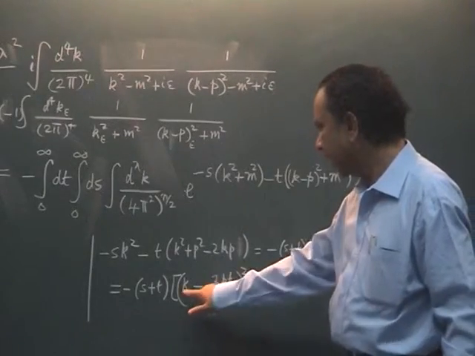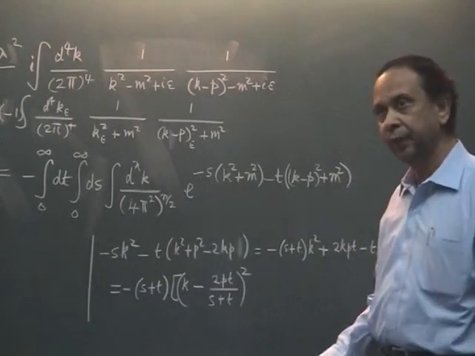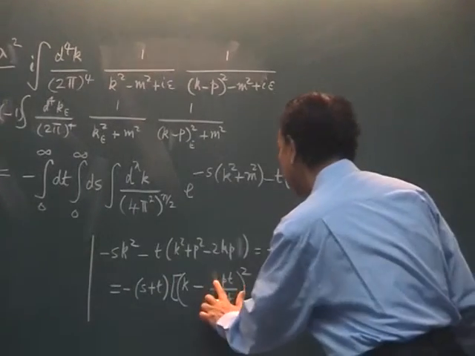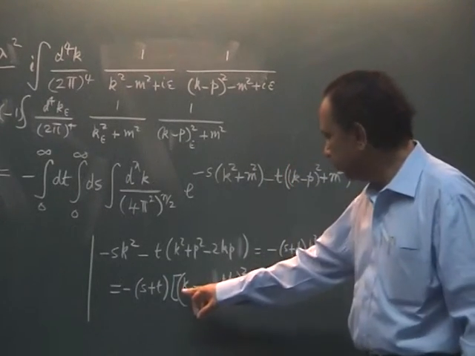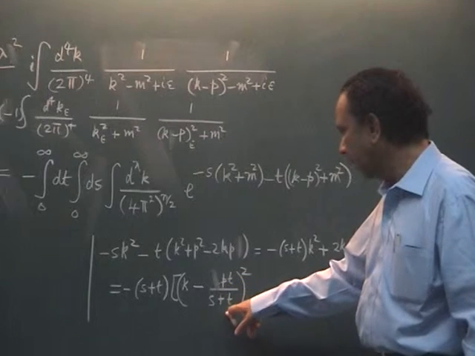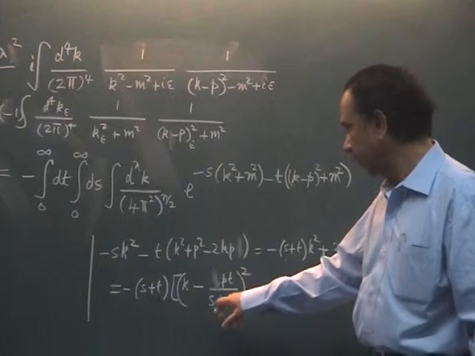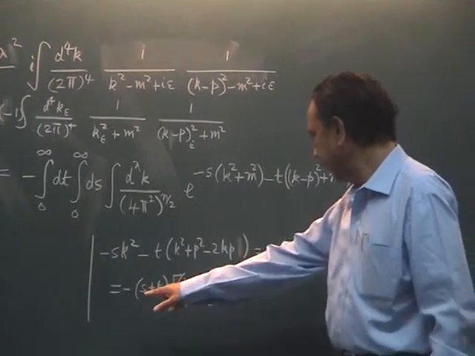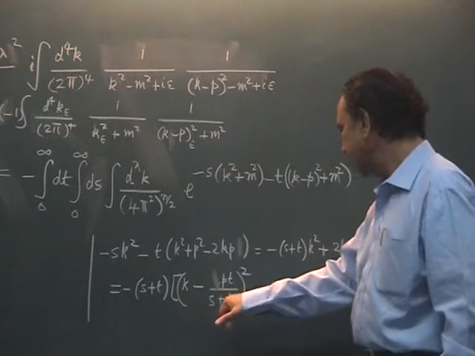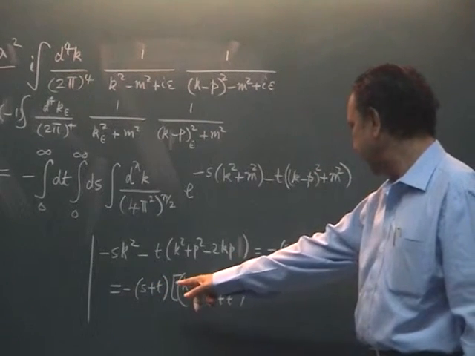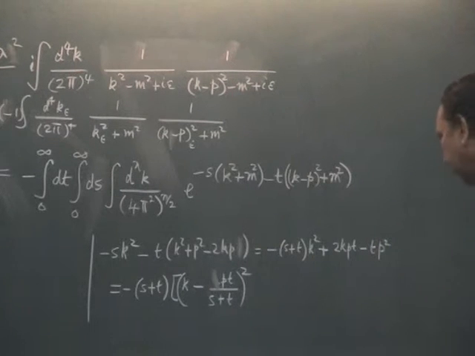If I square, I will get a k square, that will give me this term. Then when I do this, I will get 2kpt upon (s plus t) with a minus sign. That will become plus here, and (s plus t) will get cancelled by (s plus t). So that is correct, because that is exactly what we want with the correct sign and order.